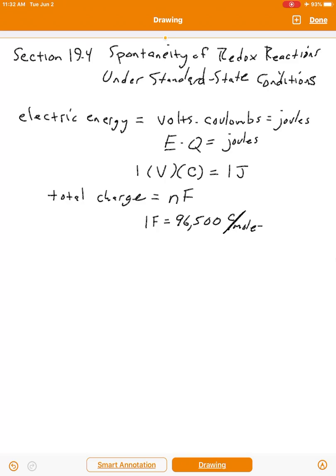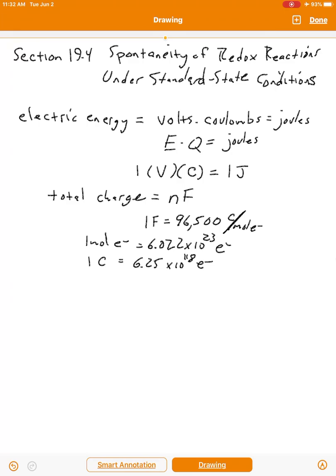Now that number comes about because 1 mole of electrons is Avogadro's number, right? 6.022 times 10 to the 23rd electrons. Well, it turns out 1 coulomb is approximately 6.25 times 10 to the 18th electrons.